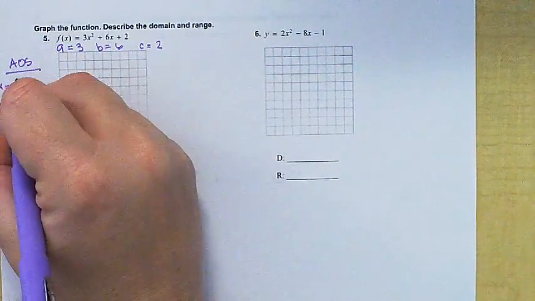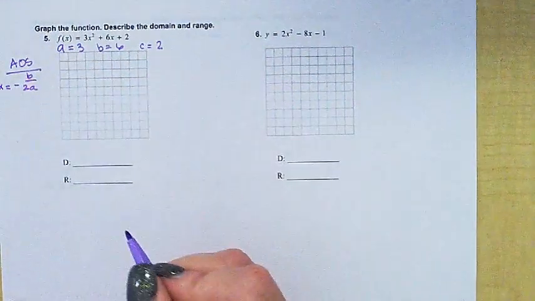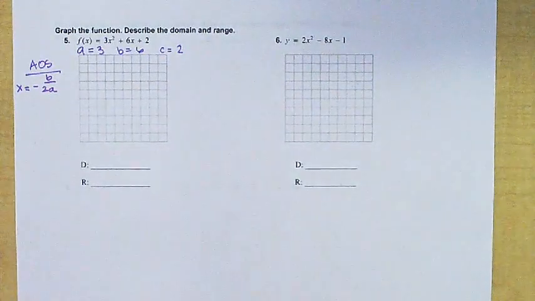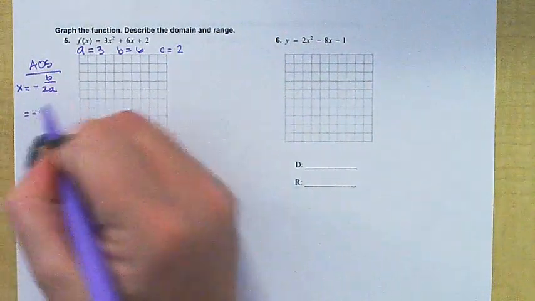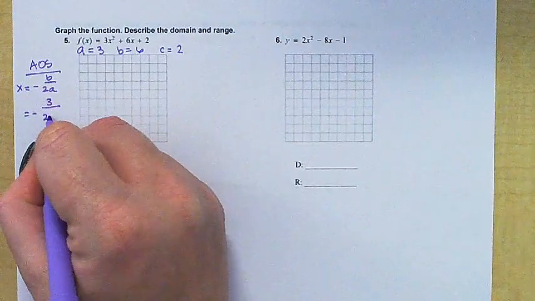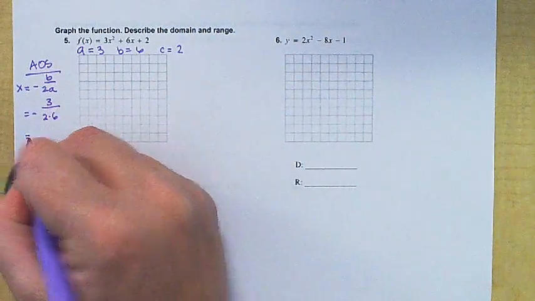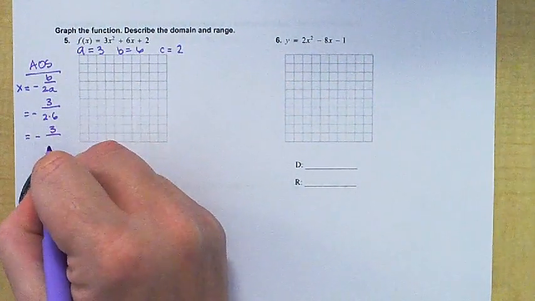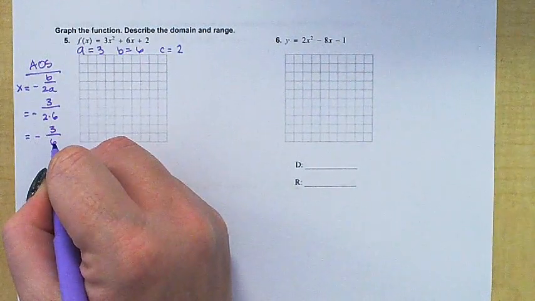That's going to be x equals negative b over 2a. We'll just go ahead and write that every time so that it really gets ingrained in our brains, tattooed there. That's going to give us negative 3 over 2 times 6, which is going to give us negative 3 over 6.